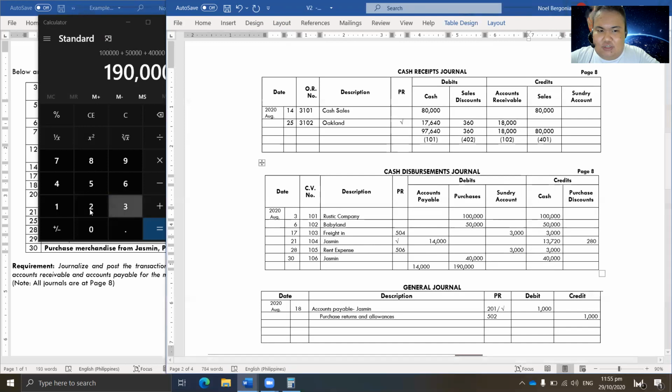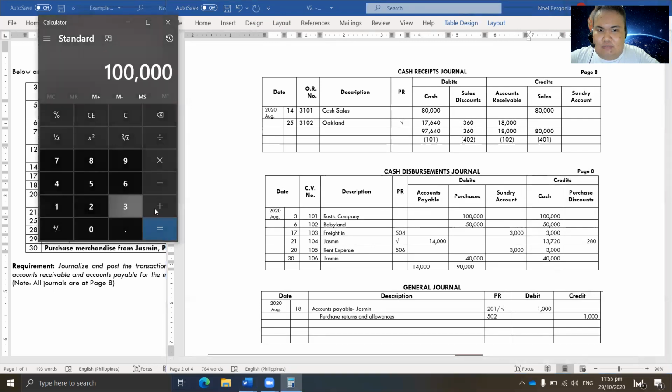Yung cash natin, so you have 100,000 plus 50,000, plus 3,000 plus 13,720, plus 3,000 plus 40,000. So the total is 209,720 na credit.